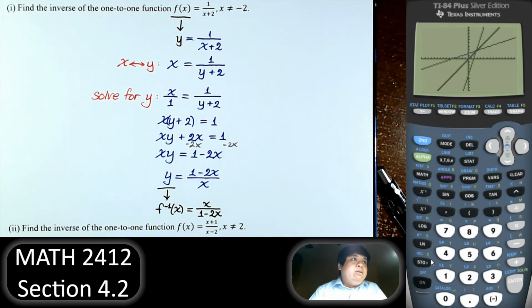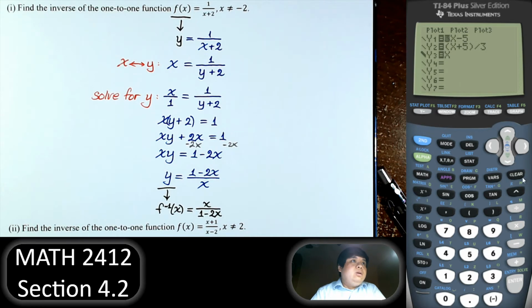Alright, let's look at the graph. One divided by x plus 2. And then the other one, we have 1 minus 2x divided by x. Right, let's see.